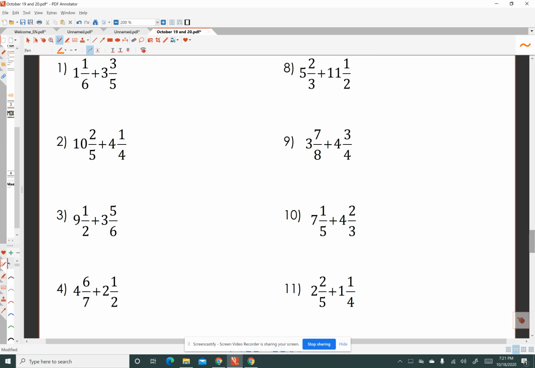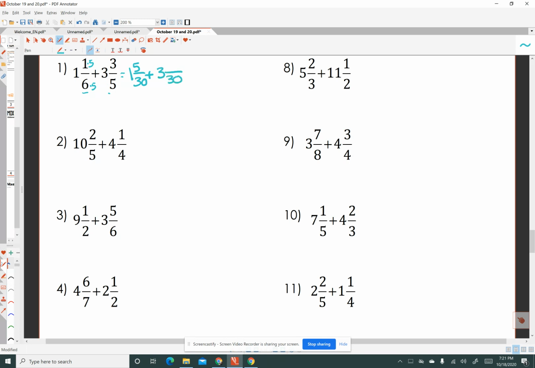Okay, I hope you tried some of these on your own. Let's change our color. And we just did one with 6 and a 5. We know our denominator needs to be 30. So 6 times 5 is 30. 1 times 5 is 5. Plus, we have our 3.